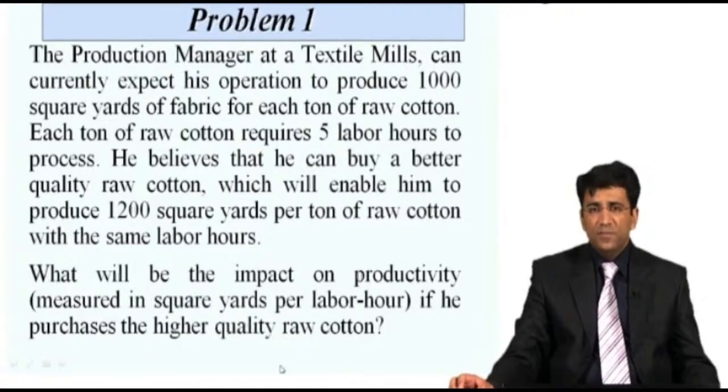Again, this is a very simple example, and actually it is an oral question. You can easily calculate the productivity. Before using the quality raw cotton, the productivity will be equal to 1000 divided by 5, that will be equal to 200, and the new productivity will be equal to 1200 divided by 5.